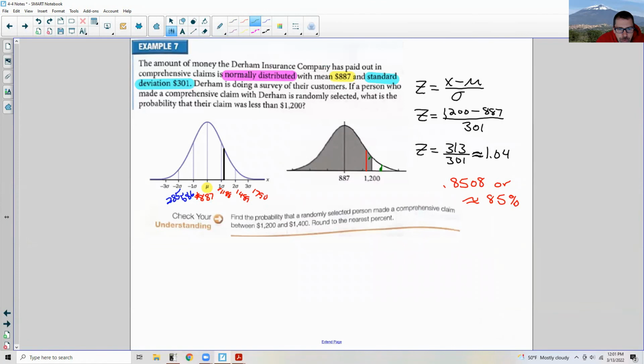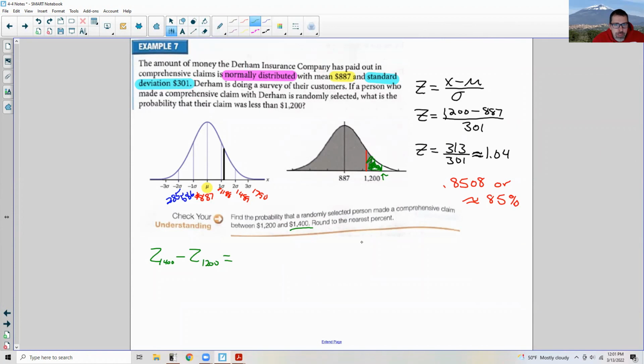So if I want to know this region here, I want to take the higher 1,400 z-score and subtract the lower to get rid of this over here to get what's in between. So that's what we have to do. We have to take the z of each of these. So I'm going to say the z sub 1,400 minus the z sub 1,200 will equal what we're looking for.